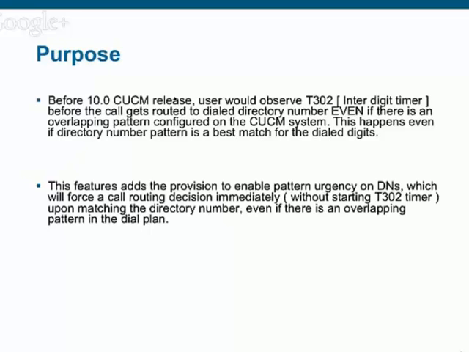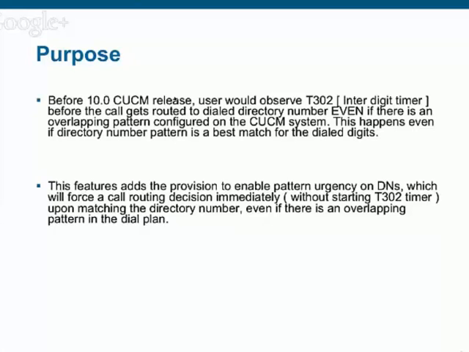So before 10.x CUCM, like I said, we used to observe the T302 timer in order to figure out, if there's an overlap, how to break it. What this feature basically does is it takes the current feature of urgent priority and puts it on a directory number.